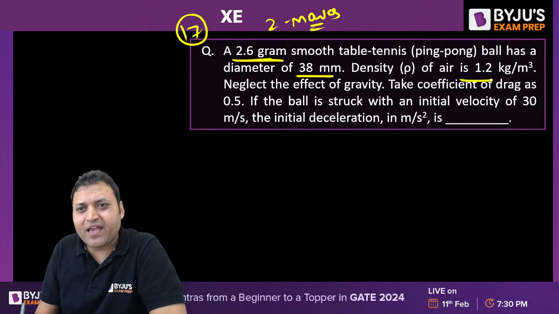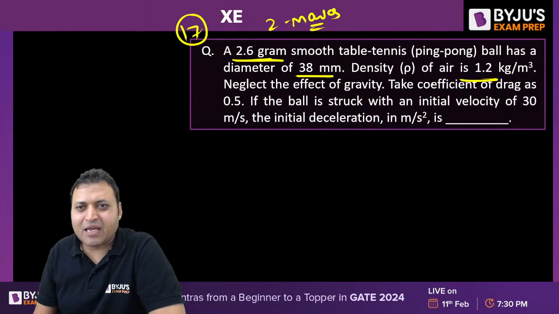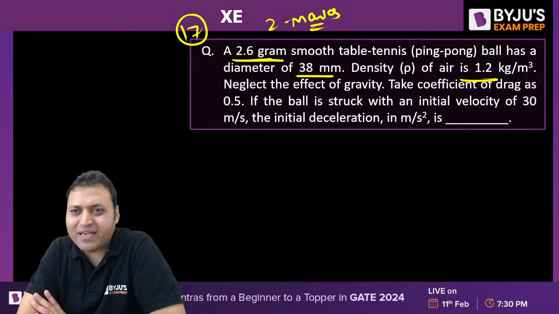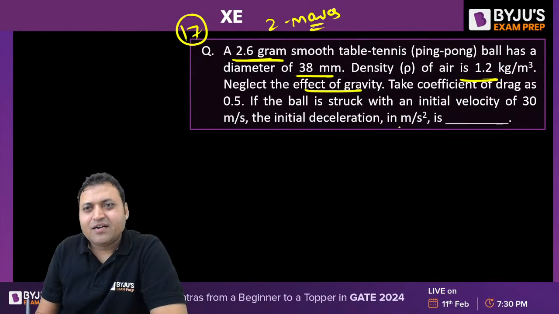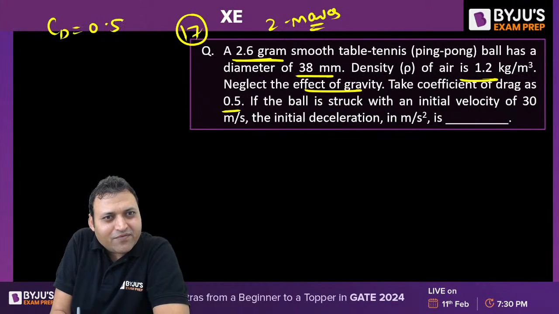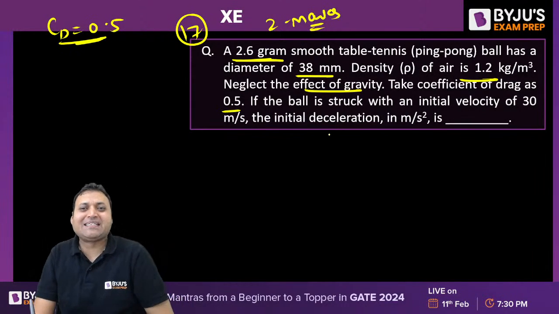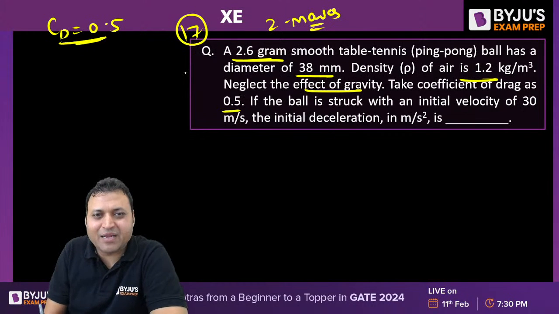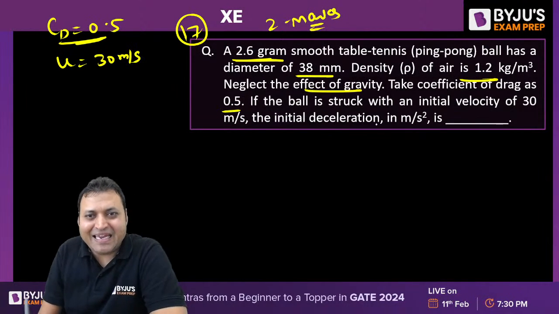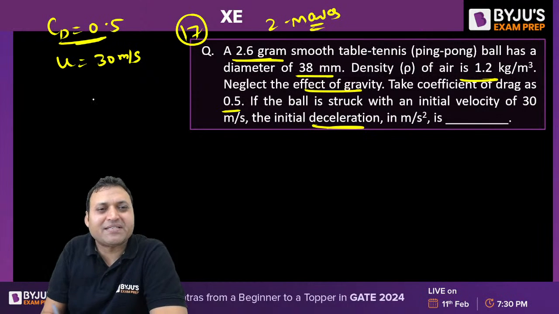The density of air in which the table tennis ball is kept is 1.2 kg per meter cube. Neglect the effect of gravity. Take coefficient of drag as 0.5. If the ball is struck with an initial velocity of 30 meter per second, the initial deceleration in meter per second square is asked.